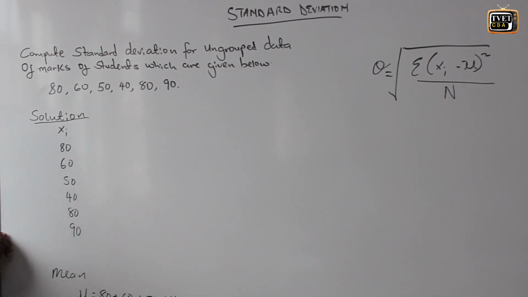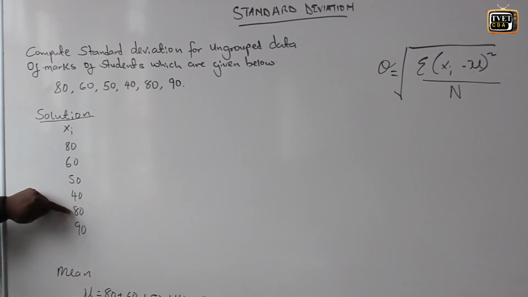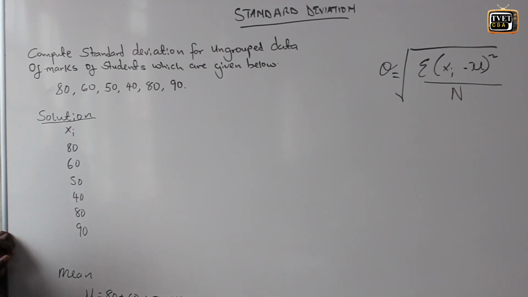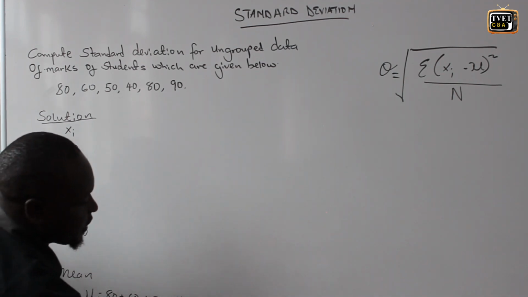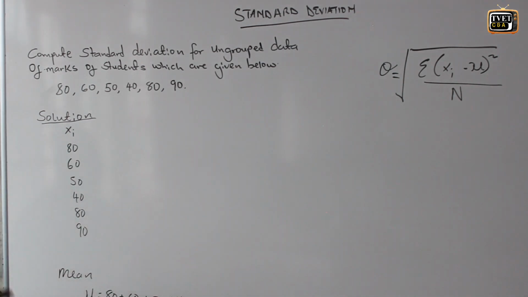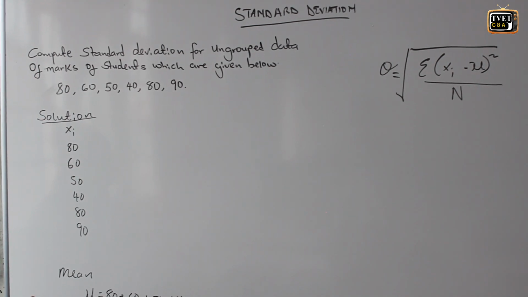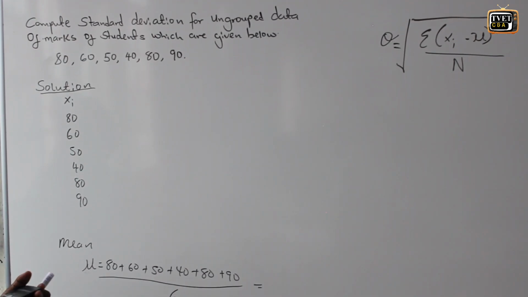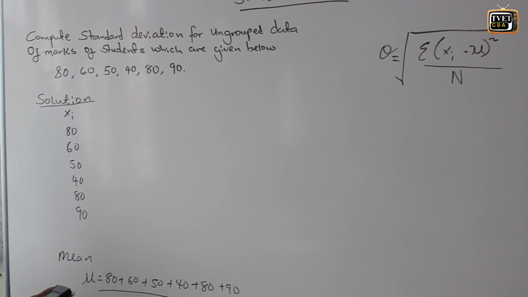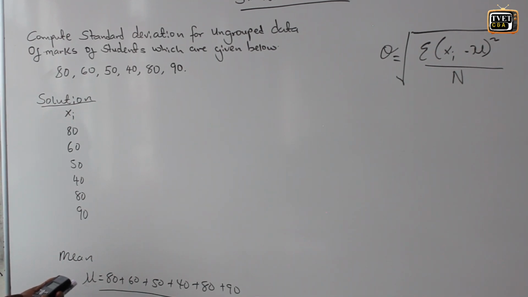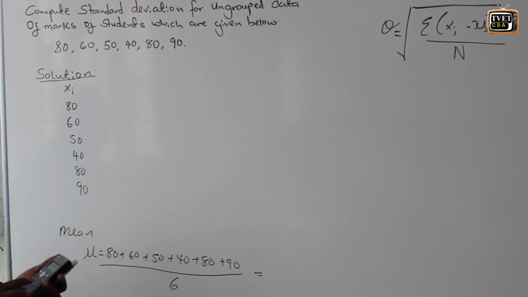How many entries do you have? 1, 2, 3, 4, 5, 6. The number of observations is 6. You take your calculator and sum all those variables: 80 plus 60 plus 50 plus 40 plus 80, then finally plus 90.